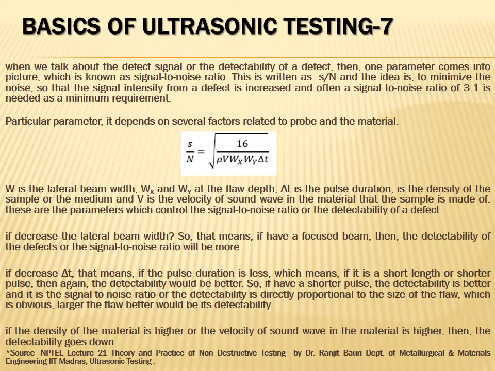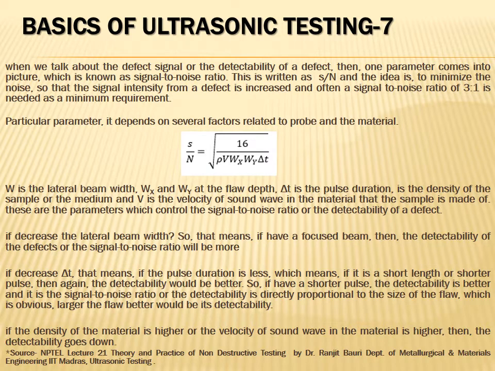So if you have a shorter pulse, the detectability is better, and the signal to noise ratio or detectability is directly proportional to the size of the flaw. Which is obvious, the larger the flaw, the better its detectability.